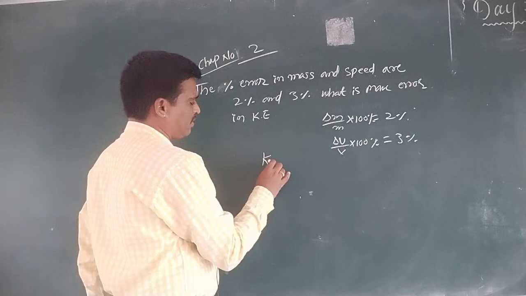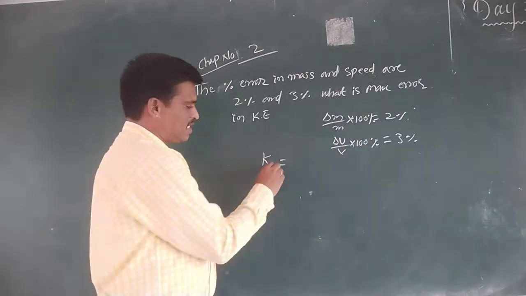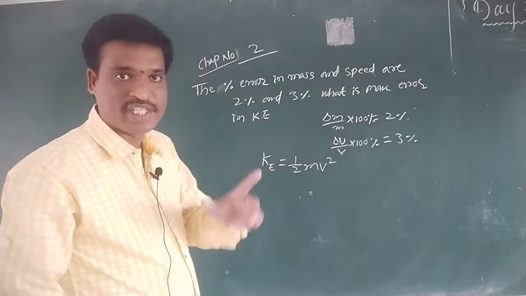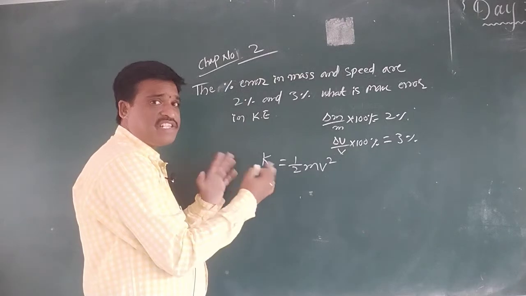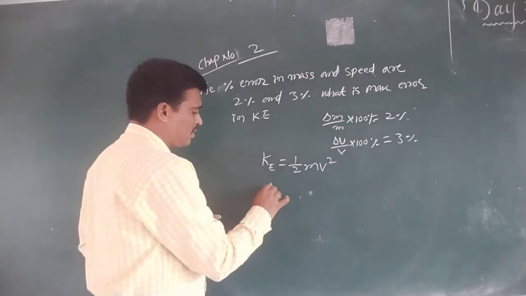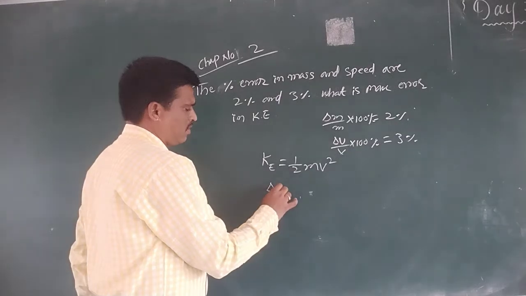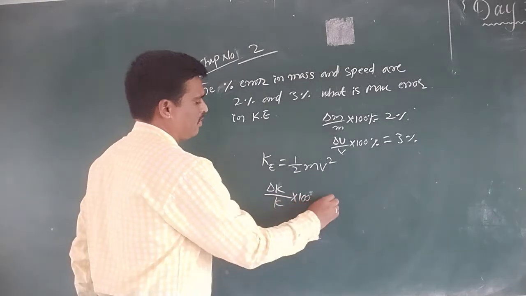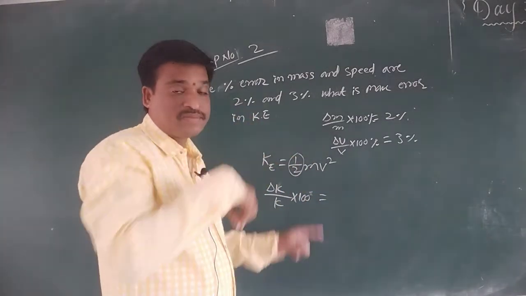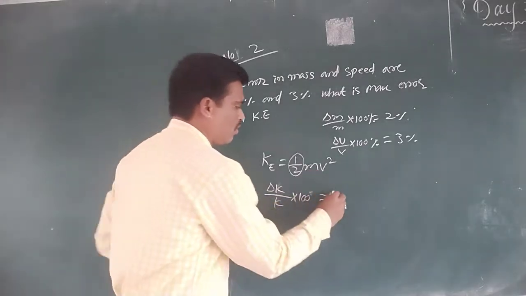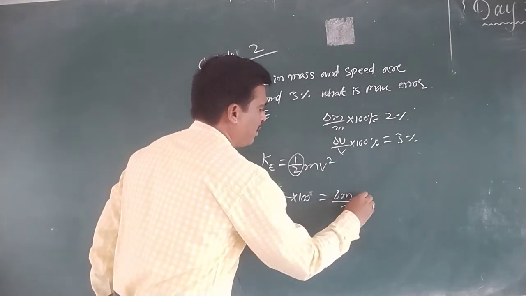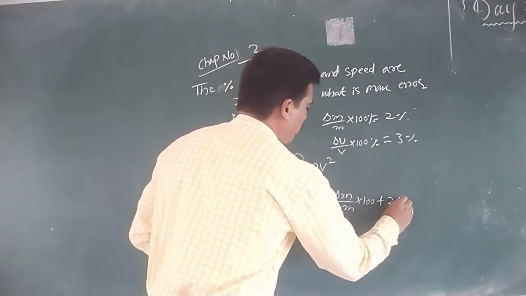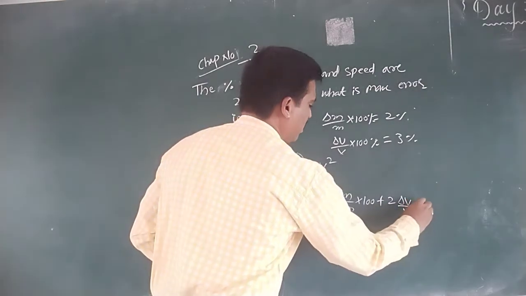You know kinetic energy K is equal to how much? Half m v square. This is the formula of kinetic energy. Take the differentiation on both sides. Delta K by K into 100 is equal to, the half is a constant, remove that, so delta m by m into 100 plus 2 into delta v by v into 100.